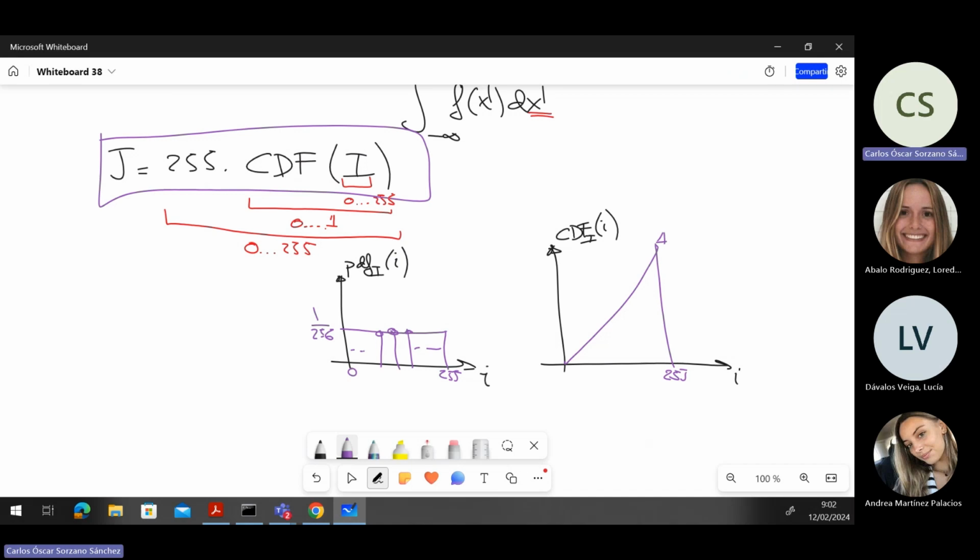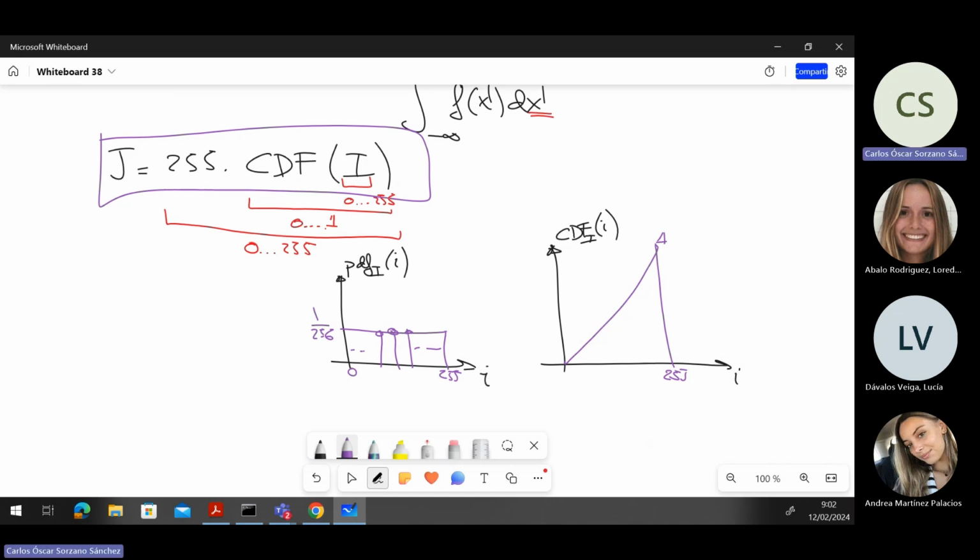Okay. And J will not completely succeed, but it will try to make I more uniform. So it will try to transform I into this.